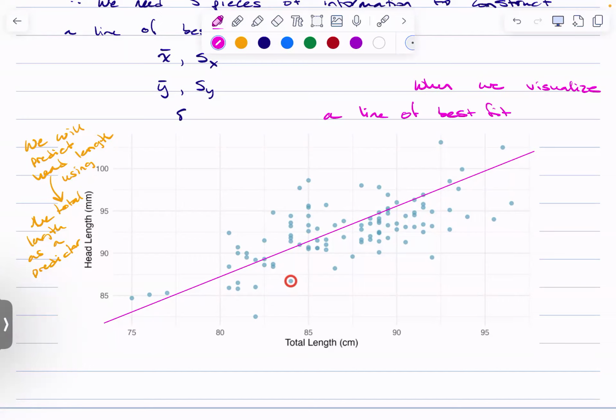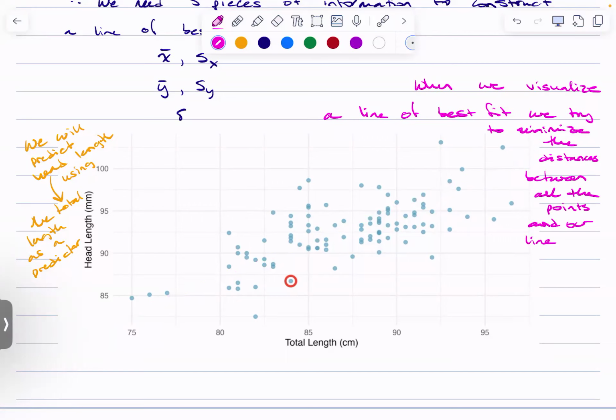We try to minimize the distances between all the points and our line.